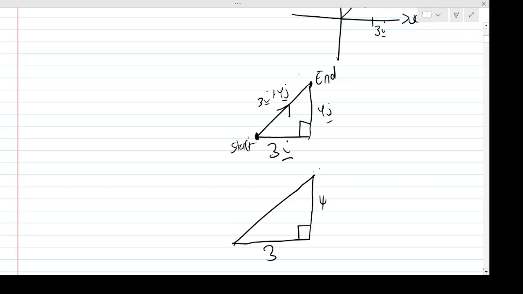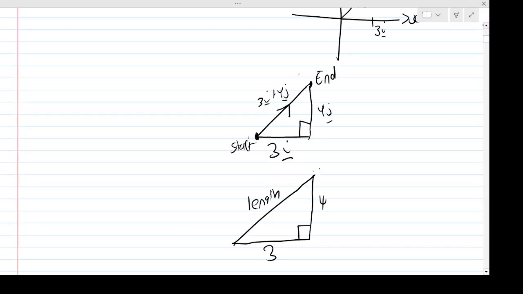We can use Pythagoras' theorem. If I call the hypotenuse the length, then by Pythagoras the length is going to be the root of 3 squared add 4 squared.